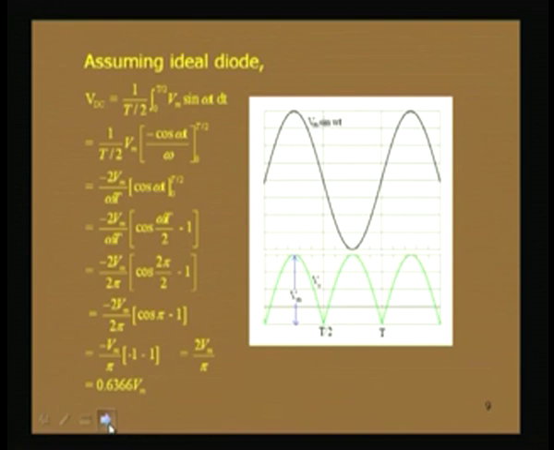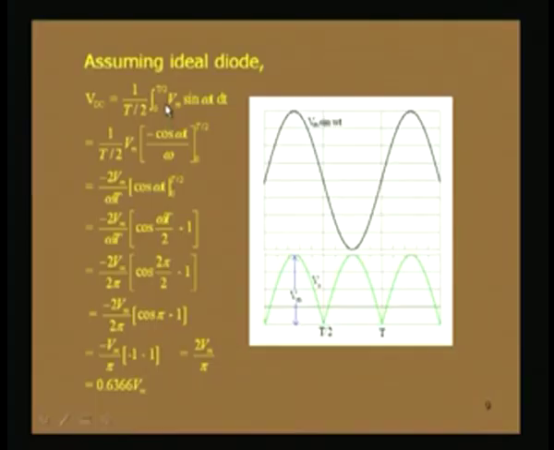But here, while doing the integration, as we have output waveform for both the half cycles, if we do 1 by T by 2, the integration will be from 0 to T by 2. That means we can take half of the input waveform and integrate it. It will be similar for the other half also.